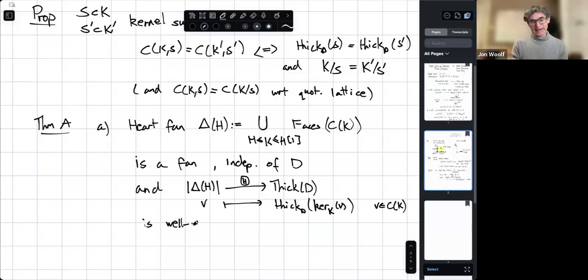So it's basically saying that the cones in this heart fan are labeled by thick subcategories. So this is also constant on relative interiors of cones.